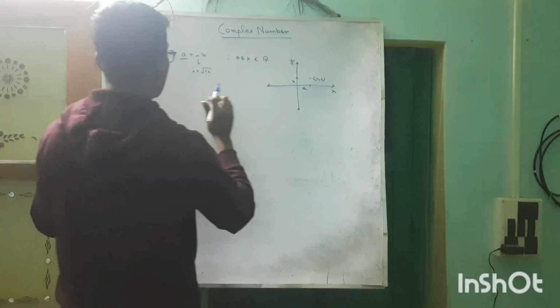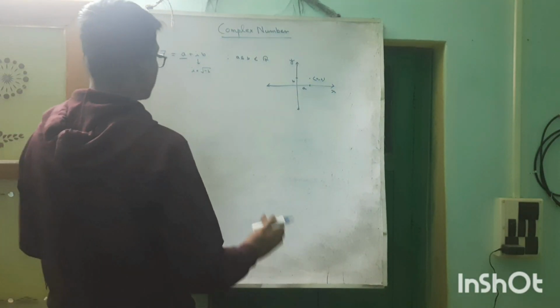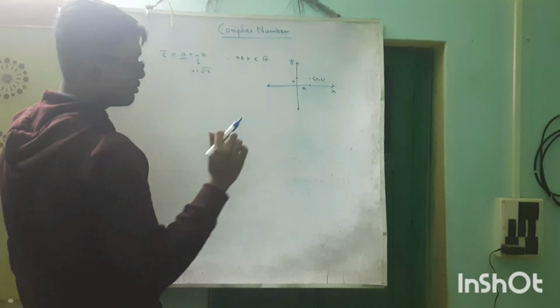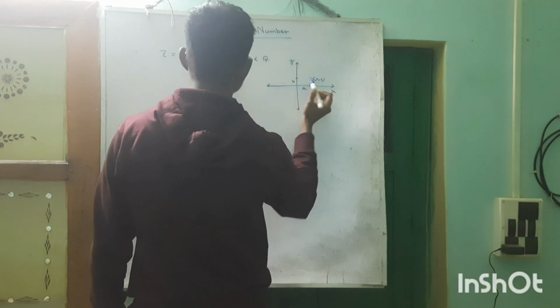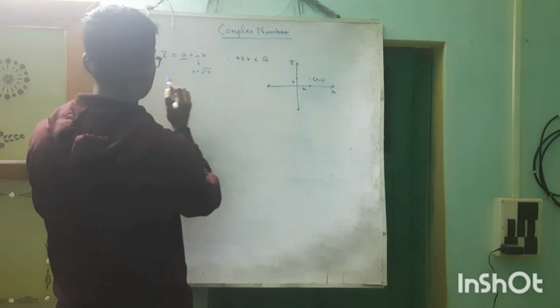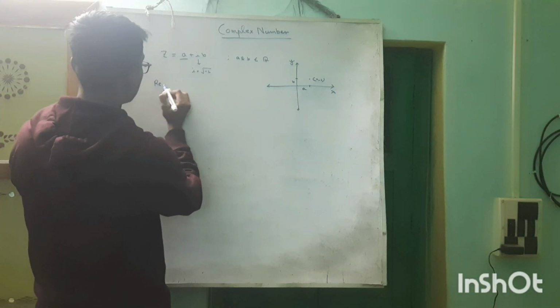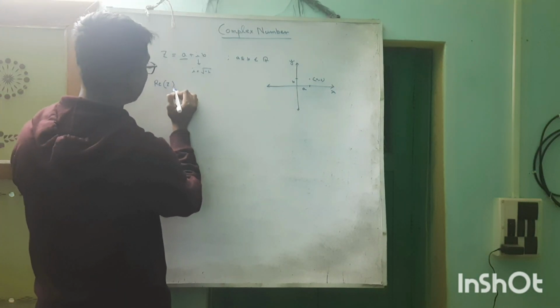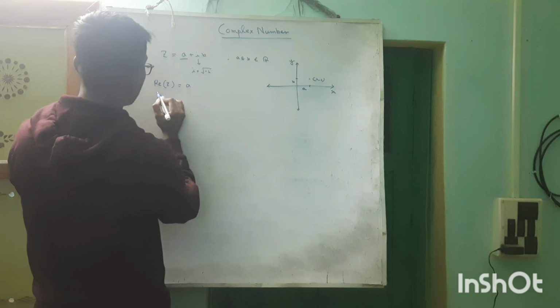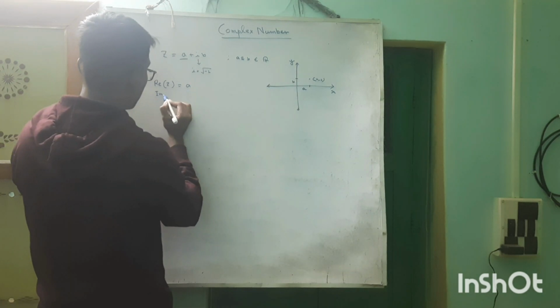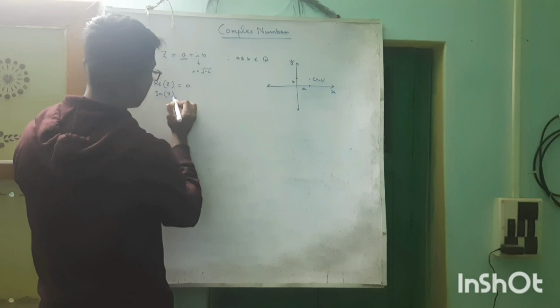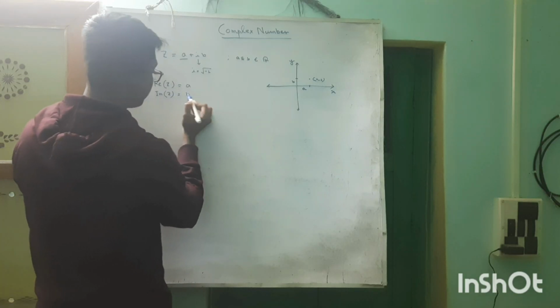This is the geometrical representation of a complex number in the Argand plane, that is a comma b. Okay. So the real part of the complex number, real z, is equal to a, and this is the imaginary axis. So the imaginary part of the complex number is b.